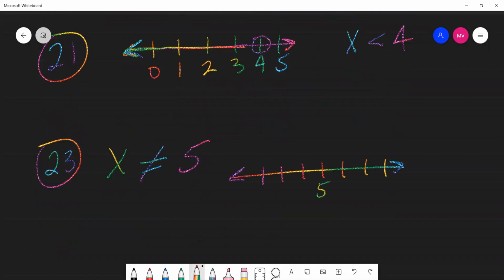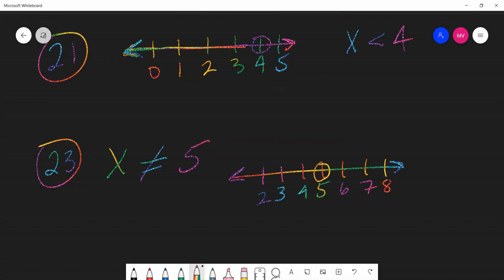Put 5 right here. All right, so where do we start our line? At the 5. And is it open or closed dot? Does it include 5? So it must be open.